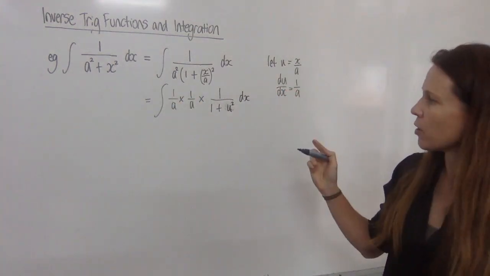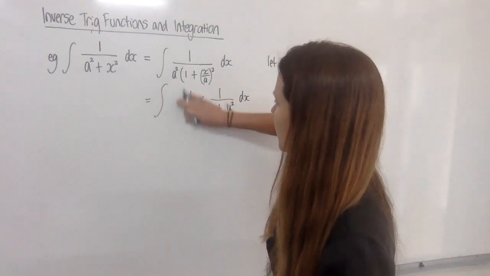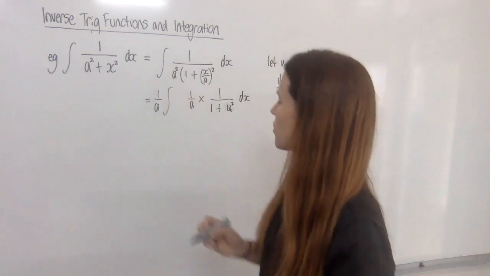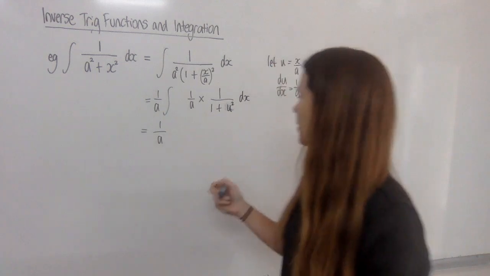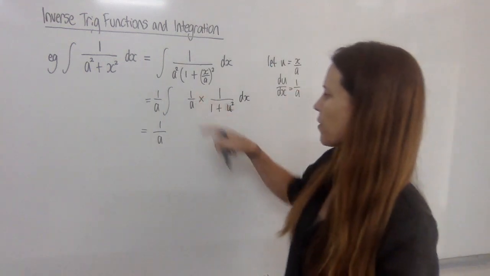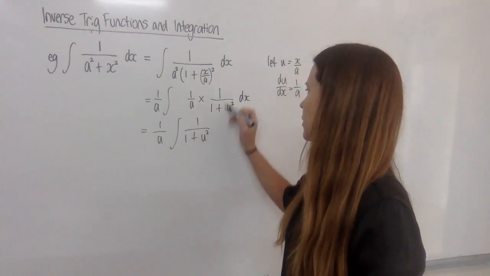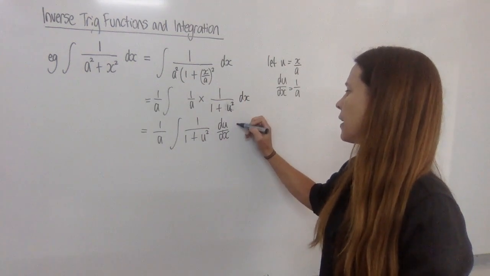And the trick that we're going to use is we'll bring one of these 1 over a's out the front of the integral, which you can always do with a constant. Now, the beauty of that is that we end up with the 1 over a out there. We can sub in the 1 over a for du dx again. So we end up with this, just pushing this part down here, and then we have our du dx and our dx.